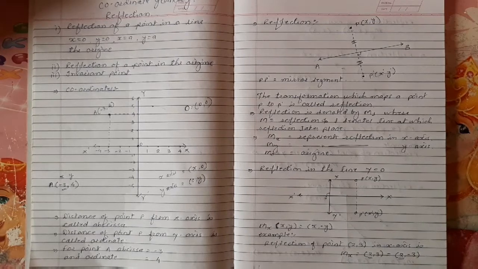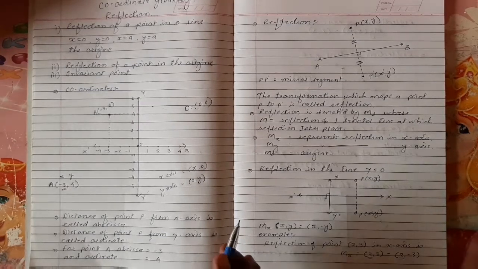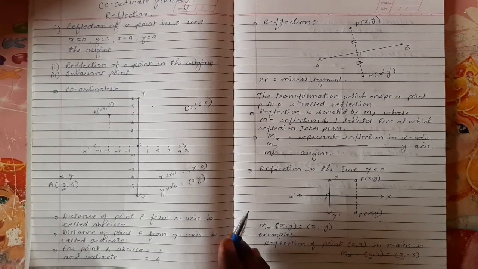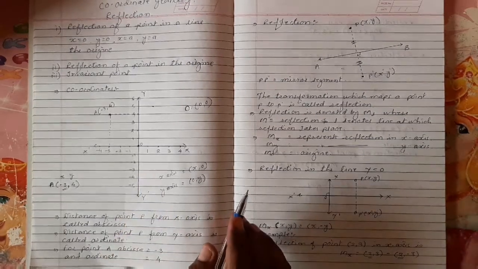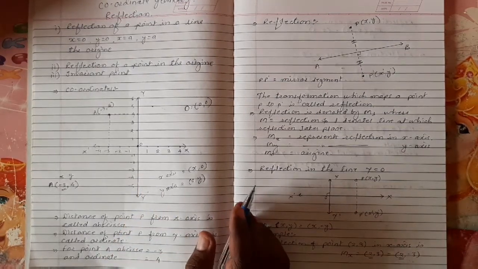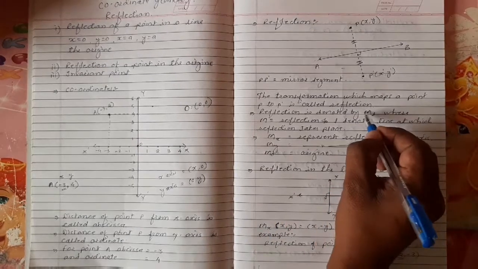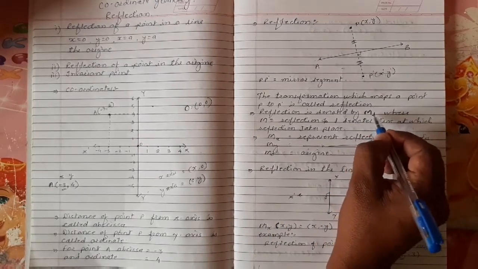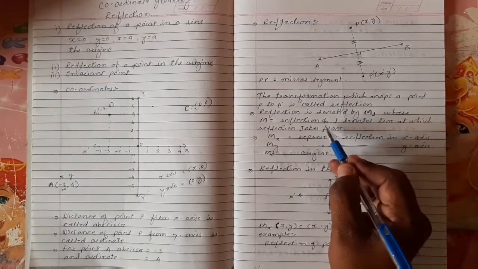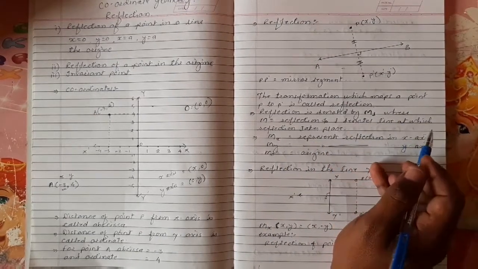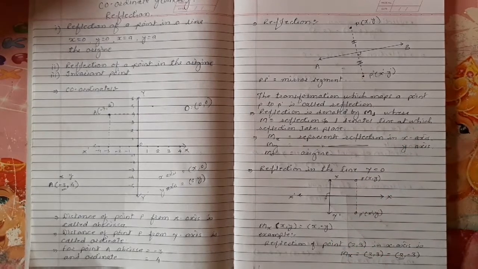Now we will see how to denote this reflection. In physics we denote reflection by R, but here in coordinate geometry we denote reflection by M sub l, where M is the reflection and l, a small l, denotes the line at which reflection takes place.